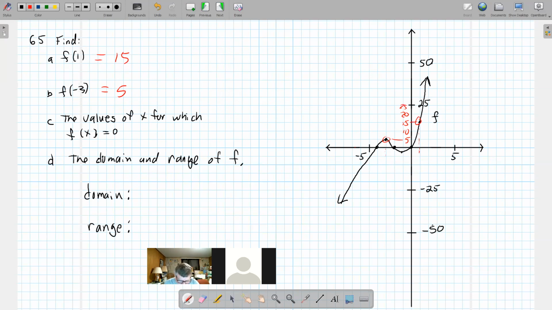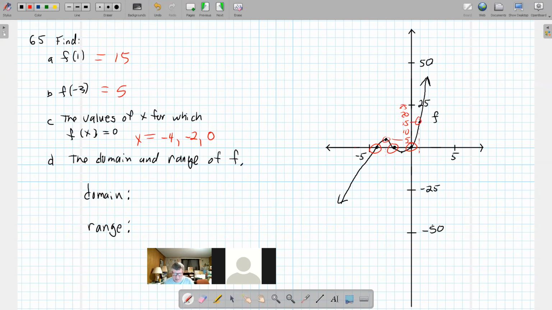Find the values of x for which f of x is 0. F of x is 0 would be right here and here and here. So the x values would be, let's see, that's negative 3. Oh, no, that's negative 4, isn't it? Okay. So negative 4, and then negative 2, and then 0.